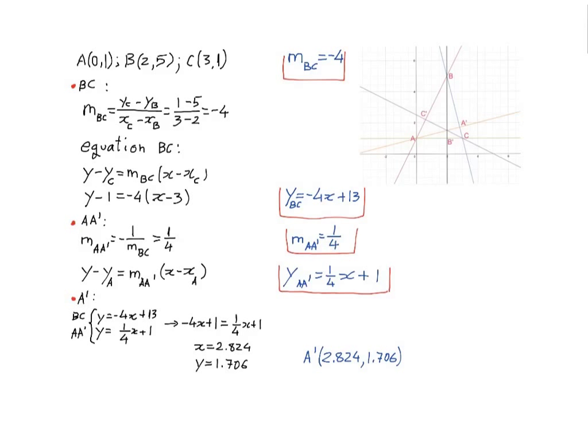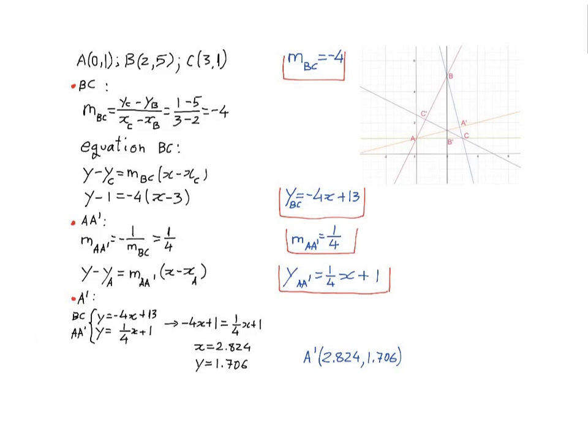MAA prime is equal to 1 over 4. We use the formula for the equation of a line again and substitute the values of YA and XA, which are 1 and 0. And we get the equation for AA prime: y equal to 1 over 4x plus 1.